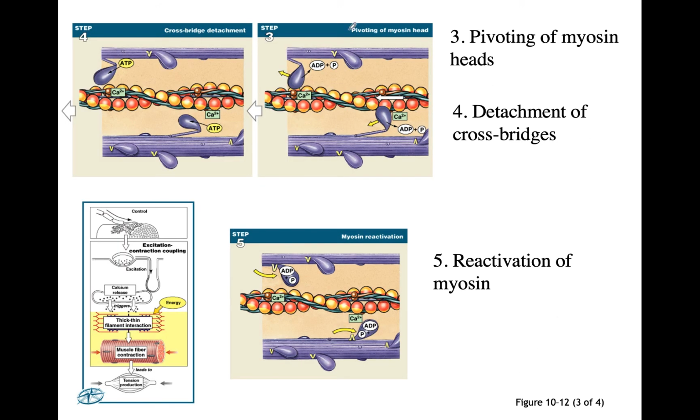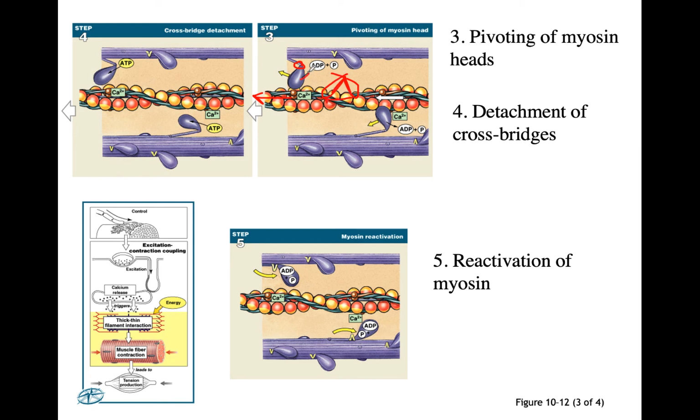Now, step 3 is here. You made the cross bridge, but now you got to pull it all forward towards the M line. Remember, there's a hinge right here that flexes like an elbow. What is going to cause the myosin head to go from this orientation to that orientation, to be bound from the back and then slide forward and pull this guy forward?